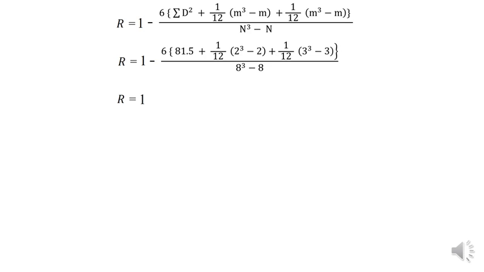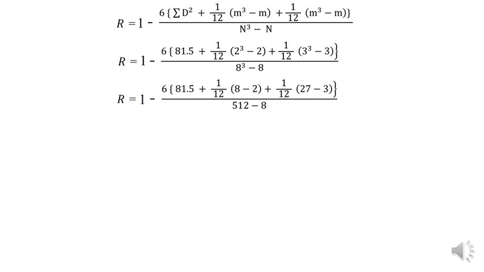R equals 1 minus 6 into 81.5 plus 1 by 12 into 2 cube, means 2 into 2 into 2, 8, minus 2, plus 1 by 12 into 3 cube, means 3 into 3 into 3, 3 3s are 9, 9 3s are 27, minus 3, divided by 8 cube, 8 into 8 into 8, 512, minus 8.